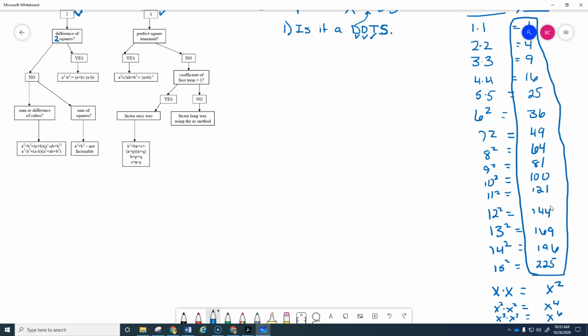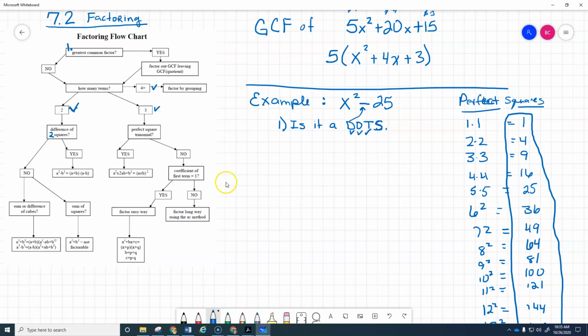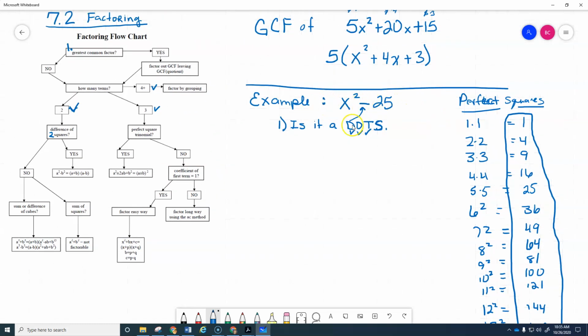They're perfect squares that are variables, but they are perfect squares because x times x is x squared, x squared times x squared is x to the 4th, x cubed times x cubed is x to the 6th. So my question is then, again, is this the difference, a subtraction problem, of two terms that are both perfect squares?